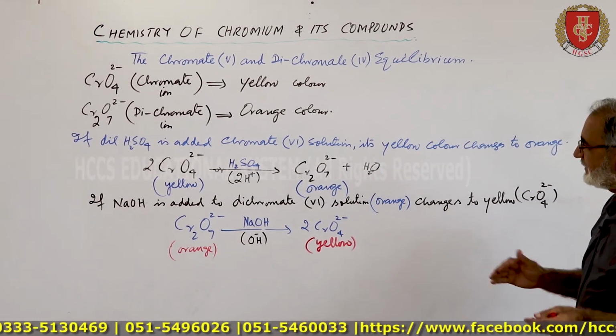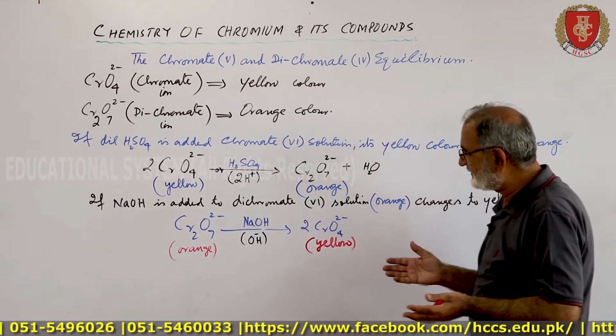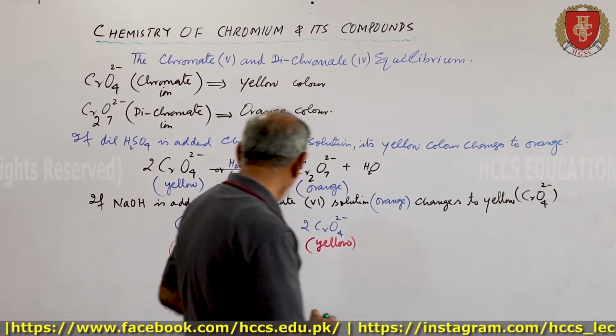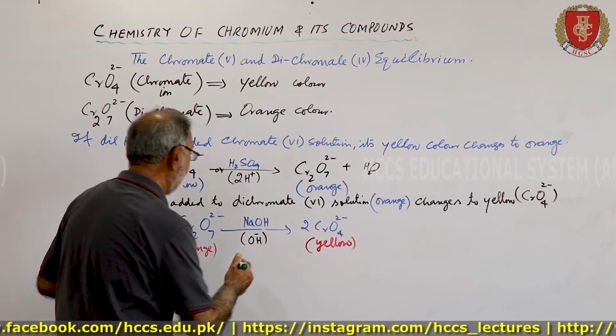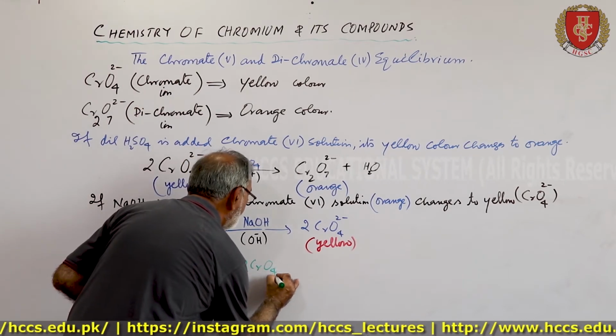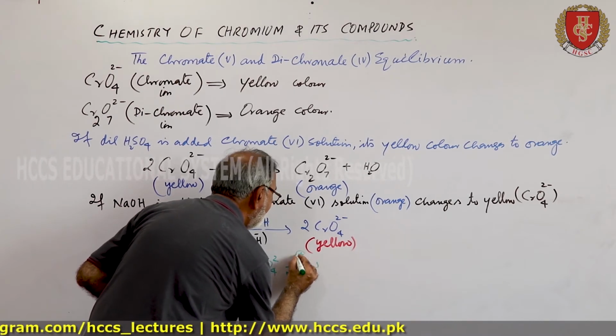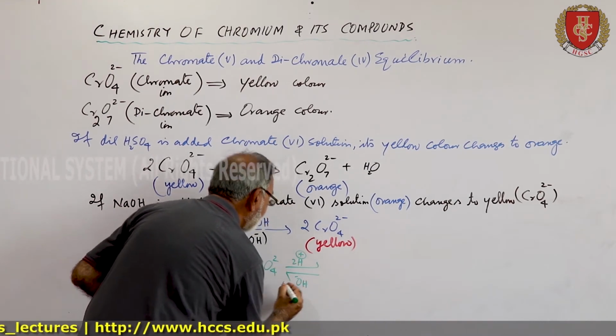Overall, this reaction can be represented as 2CrO4 2- in the basic form, converting to Cr2O7 2- in the acid form.